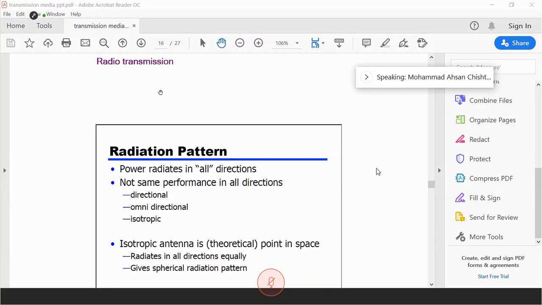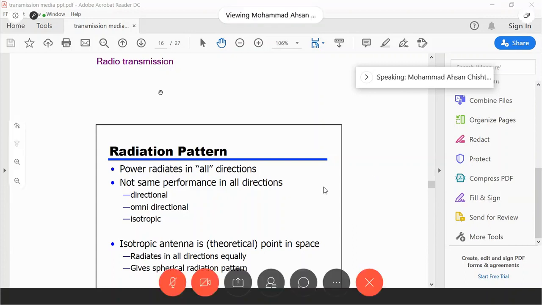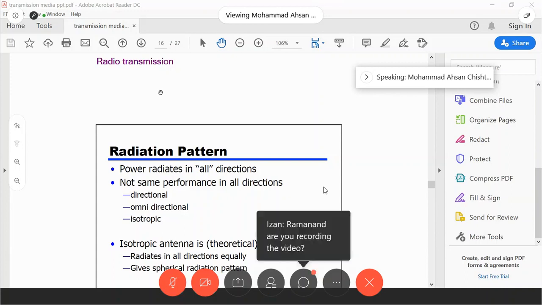It's easier to put on these, and it can travel long distances as well. But obviously, as compared to the physical wire, you do not get that much speed, and errors are more in wireless communication. Also, radio waves penetrate through buildings easily. So that's why they are widely used for communication.